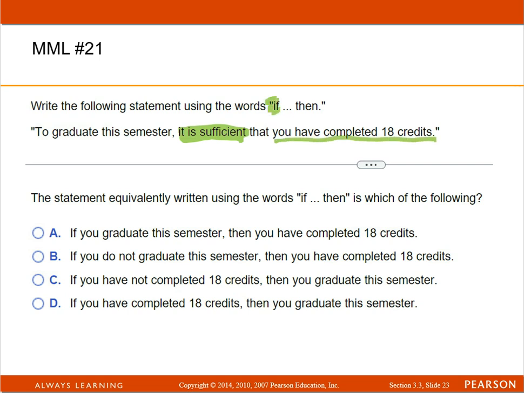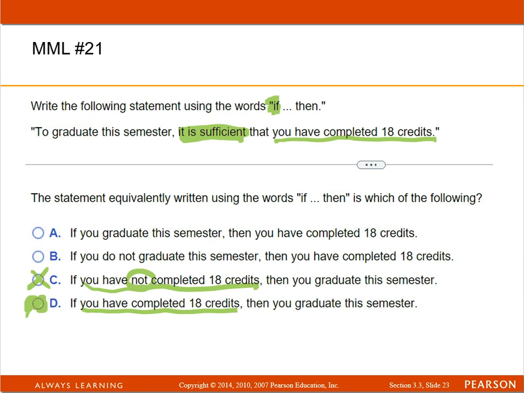That should go with the if. So if you have completed 18 credits, this is the only one that says you have completed. This one says you have not completed. There's no not in that. So it can't be this one. And the other ones talk about graduating, so it's got to be D.